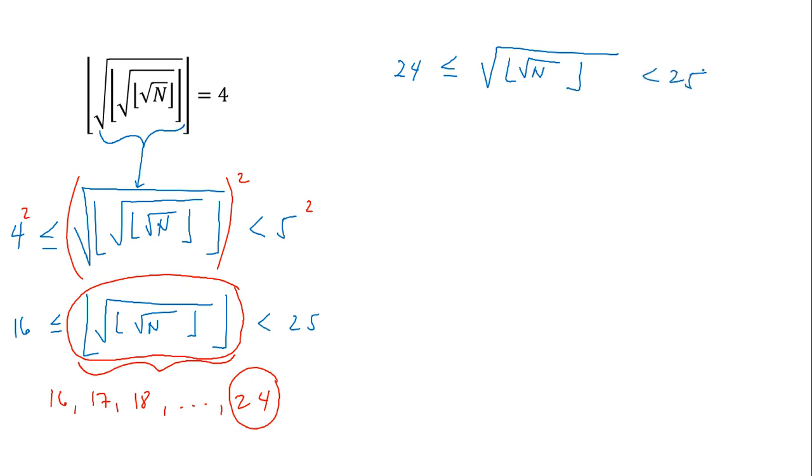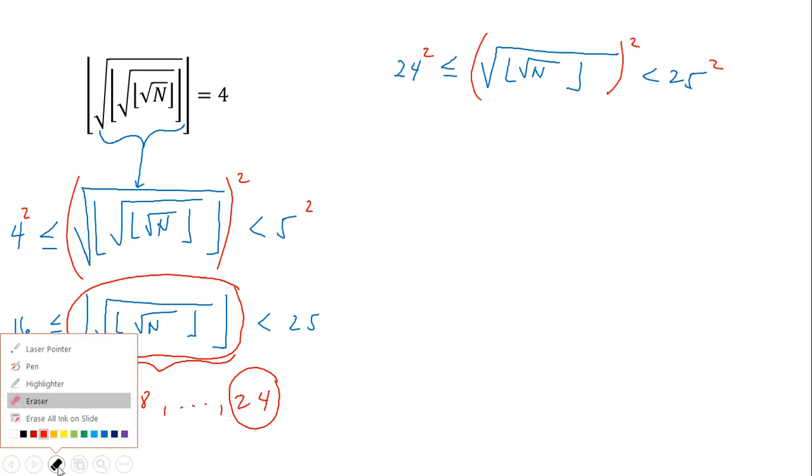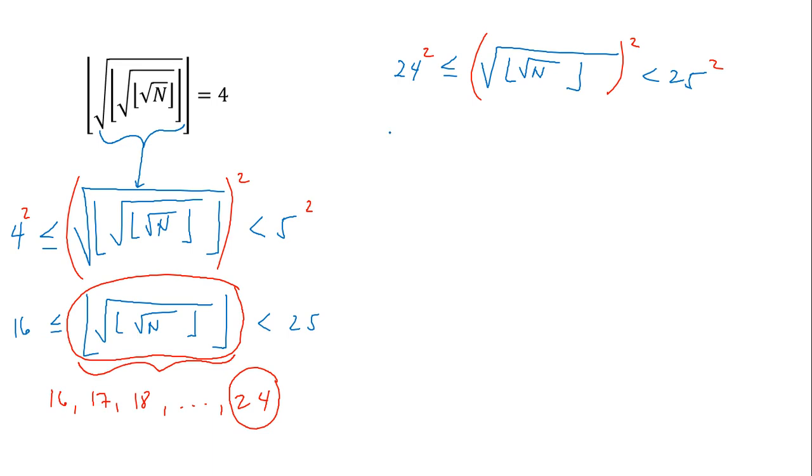Now let's square the inequality to get rid of the square root symbol. 24 squared is 576. So we have the floor of the square root of n less than 625.